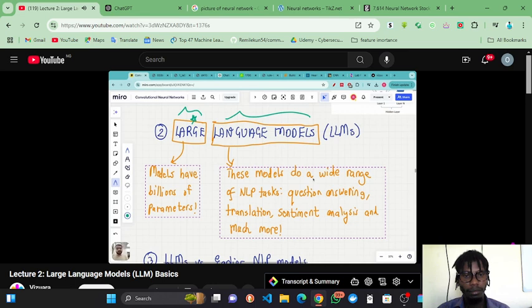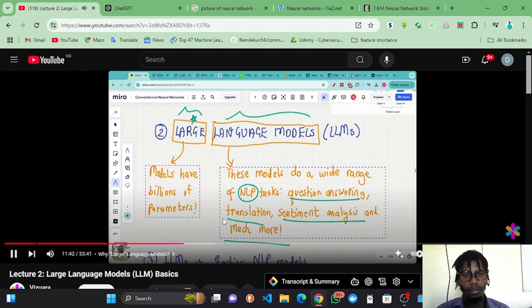These models do a wide range of natural language processing tasks, anything related to language, such as question answering, translation, sentiment analysis, and many more tasks, which all of you might have explored with ChatGPT. That's why they are called language models. So this is the meaning behind the terminology large and language models.